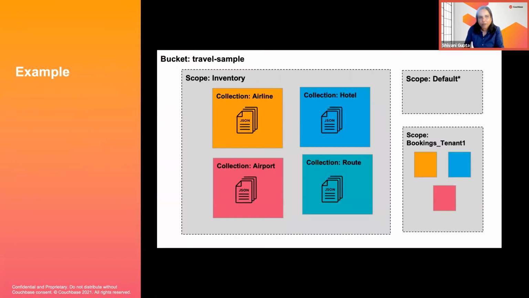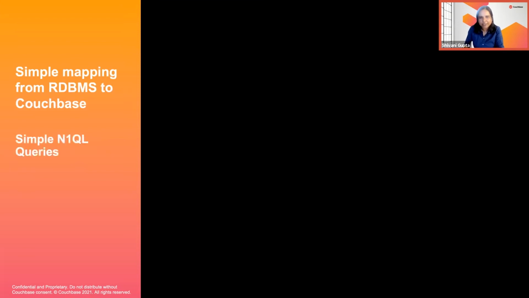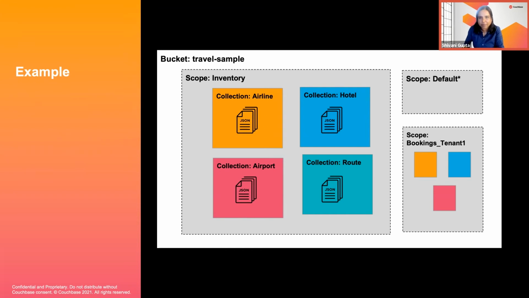So here's an example of how one might use these entities. This is actually a travel sample data set that comes with our sample data sets. So once you deploy a sample data set, you can play with this data. It gets deployed in a bucket called travel-sample, and it stores various travel assets in a scope called inventory.